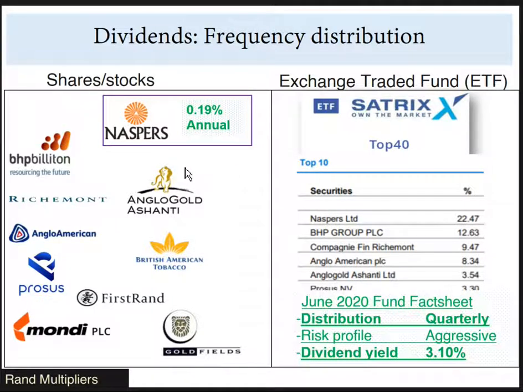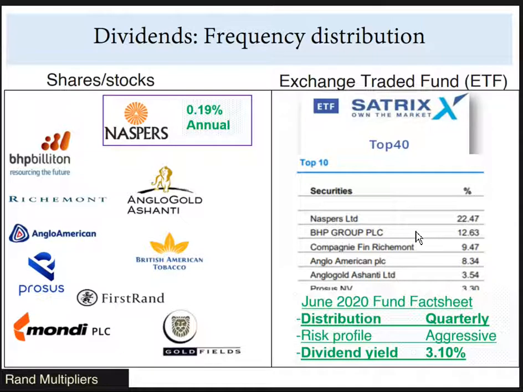The major risk here is that when you have bought one stock, the company can run into loss and might not be able to pay the dividends. That means you run the risk of not always having dividends. But if you have invested in an ETF like the Satrix Top 40, you will always get dividends, because among the constituents in that basket there are losers and winners.